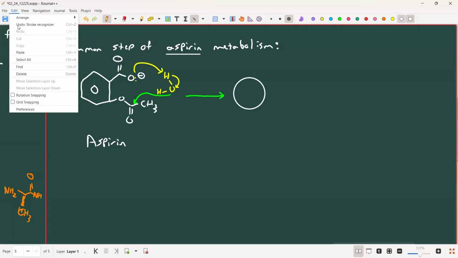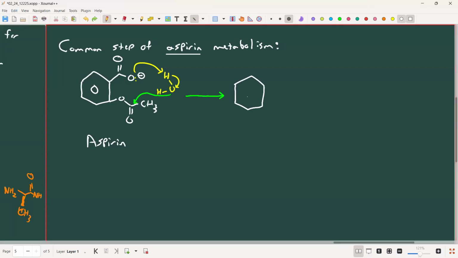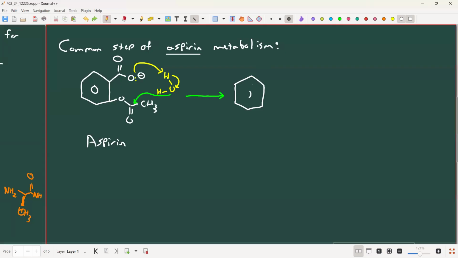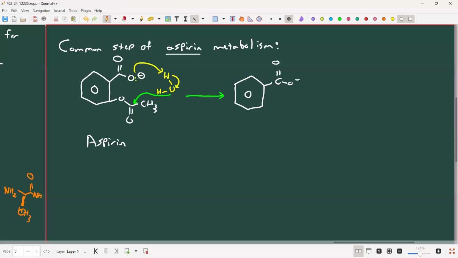One of the first things it does is to cleave this and hydrolyze it, and you get an OH here. So we kick off this carbonyl, this acyl group, and then we make acetic acid.